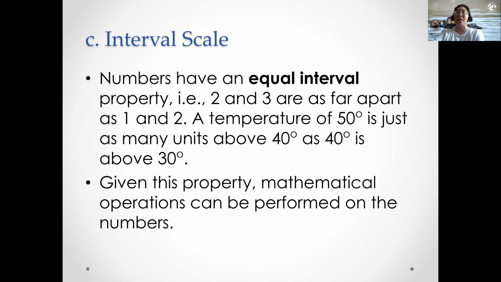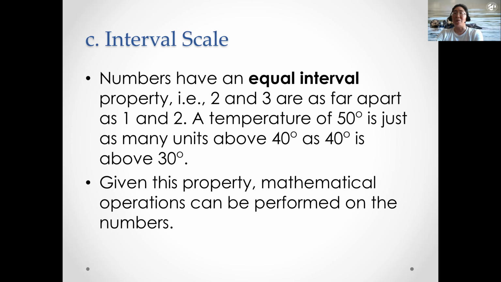An interval scale is where the numbers actually now have meaning. The difference between 2 and 3 is equal to the difference between 1 and 2, for example. So equal interval. Now, the thing about when you have an interval scale is that the 0 has no actual weight.